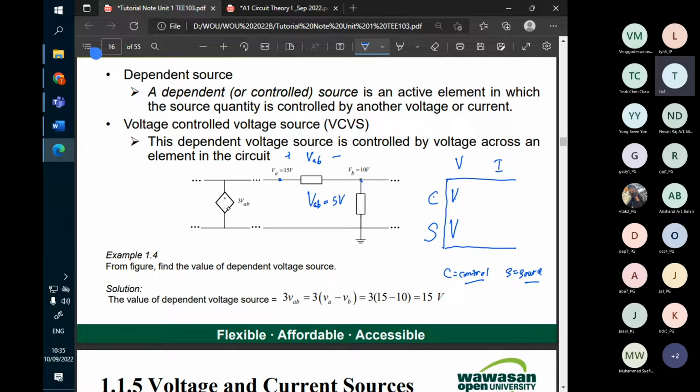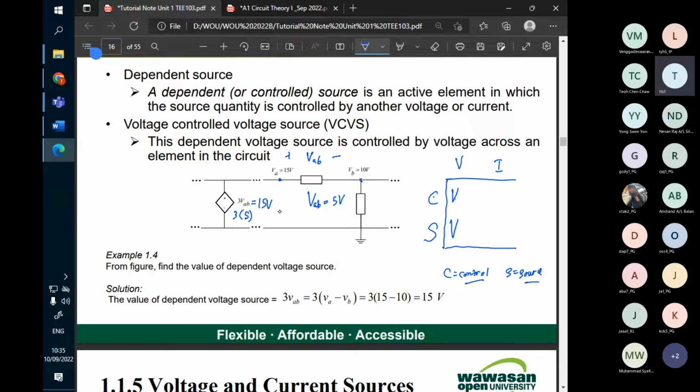So this is the voltage dependent voltage source, actually. This voltage control voltage source is given a shape like a diamond. It's 3 VAB. So you just need to multiply 3 by VAB. VAB we found out to be 5 volt, so the potential here is equal to 15 volt.